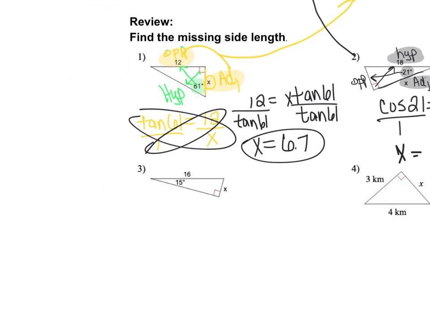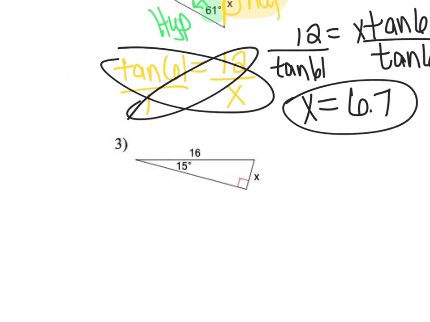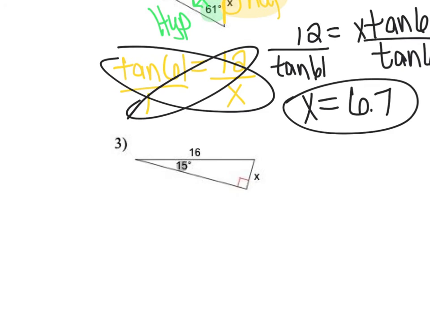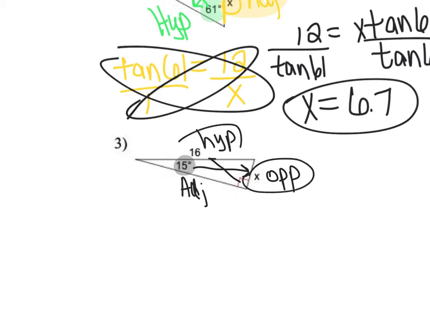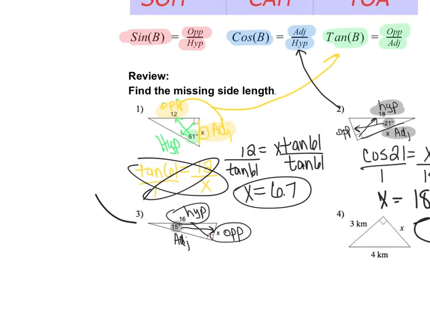Okay, one more here, or actually 2 more. I have my 15-degree angle. Opposite of it is x. Across from the right angle is my hypotenuse, and the other side is my adjacent side. I am given information about opposite and hypotenuse, which means I would be using sine.